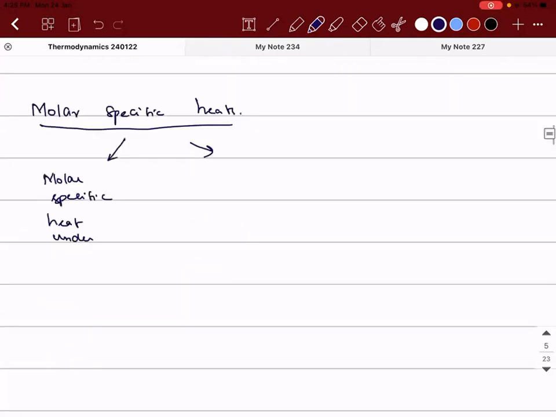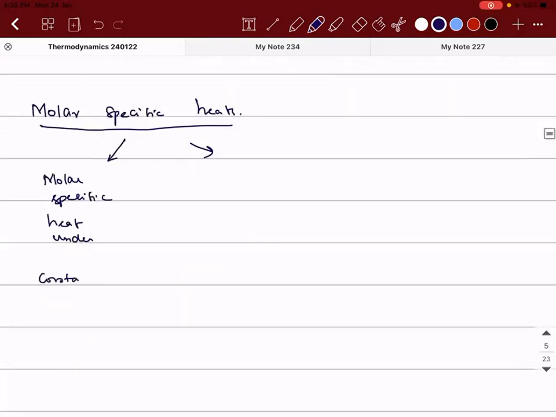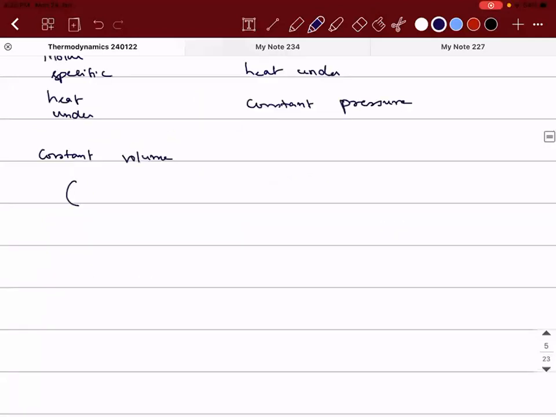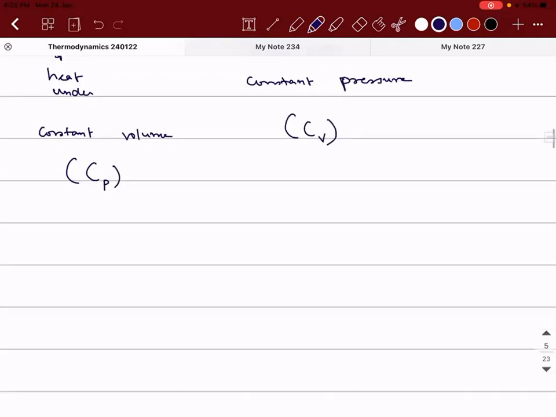Similarly, when you talk about molar specific heat, you have the same concept: molar specific heat under constant volume, and molar specific heat under constant pressure. When you talk about this, here it is written with a capital C and a P, and here with a capital C and a subscript V. So let's try to define it.